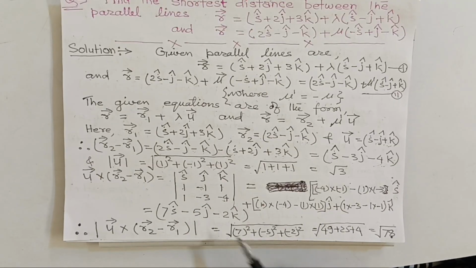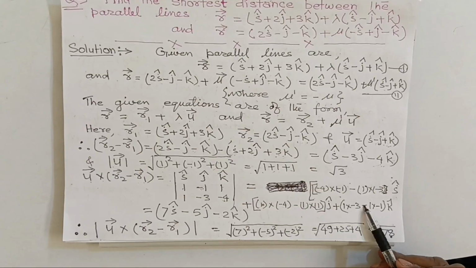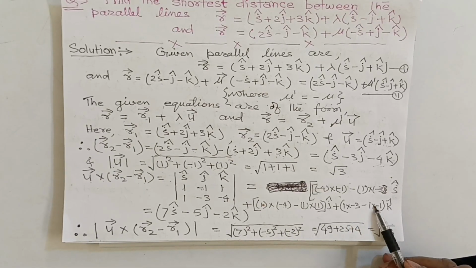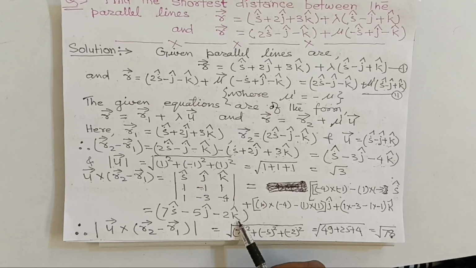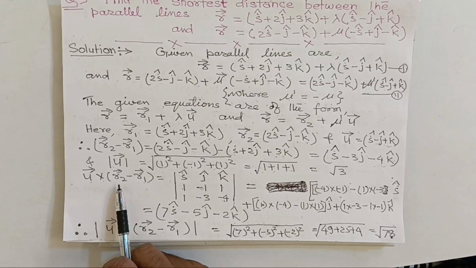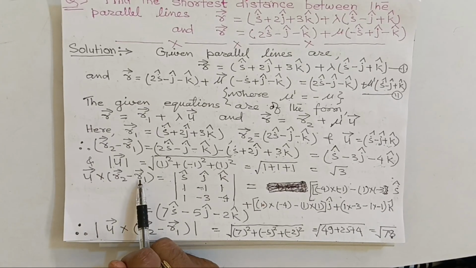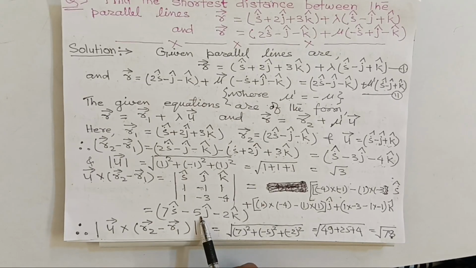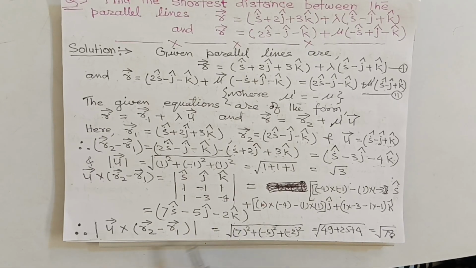The k part: 1 into minus 3 is minus 3, and minus 1 into minus 1 is plus 1, so minus 3 plus 1 is minus 2k. Vector u cross vector r2 minus vector r1 is equal to 7i - 5j - 2k.